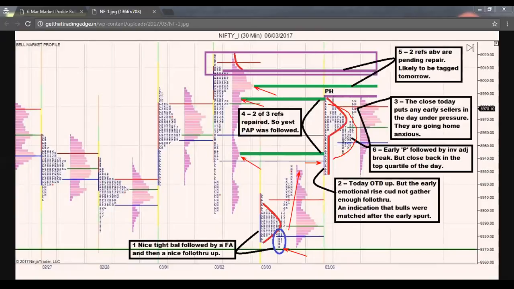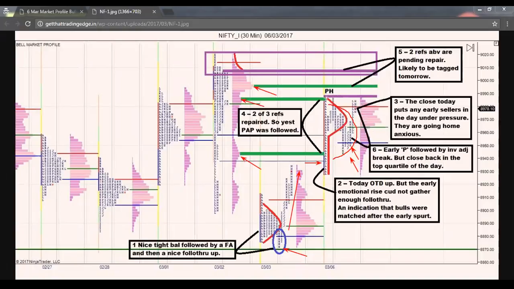But what happened is that buyers came in after this inventory break and closed the market back up. This action suggested that when that inventory adjustment break happened, the early morning buyers which started buying yesterday, and also the buyers from yesterday's spike, defended that break and used it to accumulate their longs and help close a bit higher.